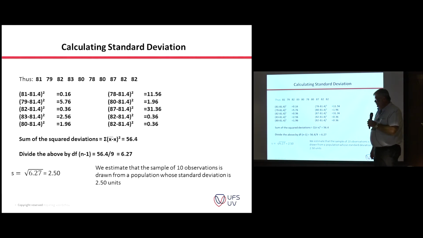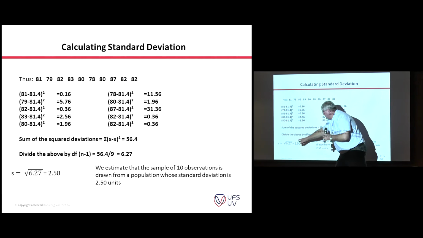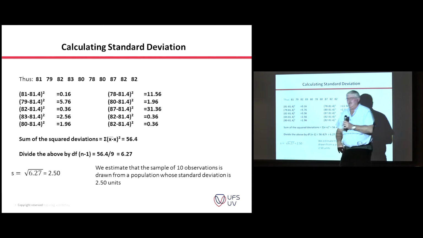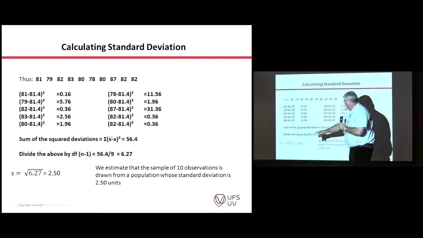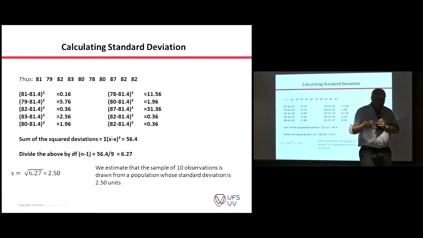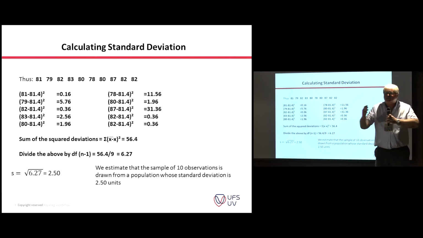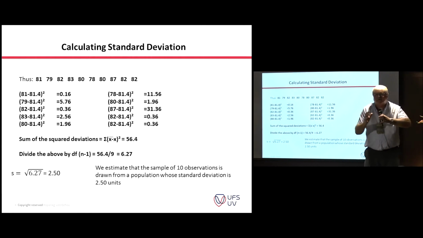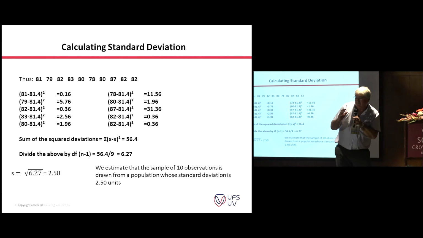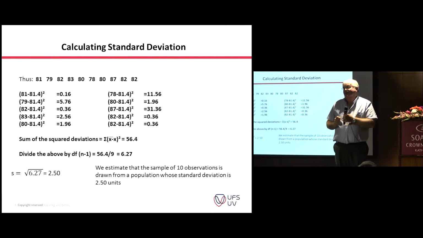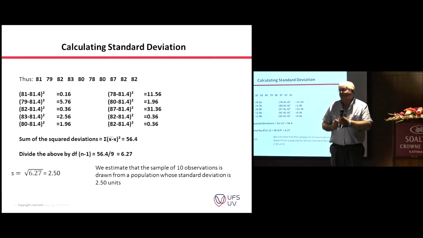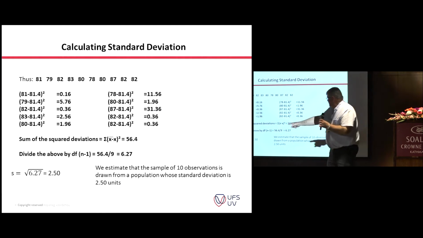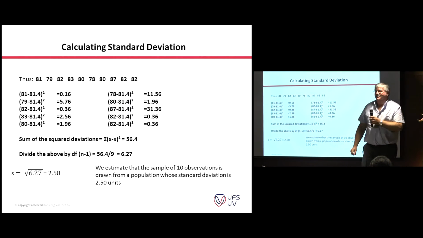I'm trying to avoid too many terms here. I then take the square root of that, because this is a squared value here, and that then is an indication of the average deviation around the mean. So that means in terms of numbers, 81.4 minus 2.5, 81.4 plus 2.5. Yeah.